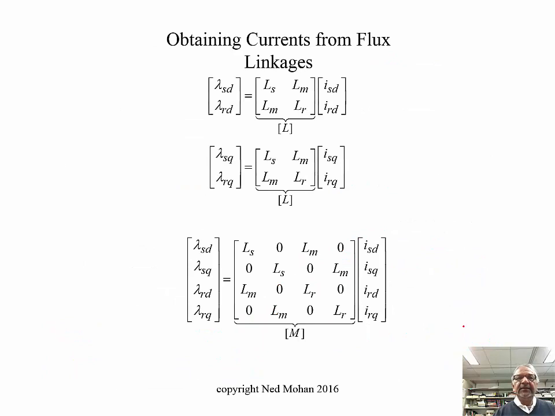Okay. So now, we once again look at what we have earlier derived: the flux linkages in the d-axis in terms of d-axis currents, and flux linkages in the q-axis windings in terms of q winding currents. We can combine these two and come up with a common matrix M that relates the currents in these DQ windings to the flux linkages in these DQ windings.